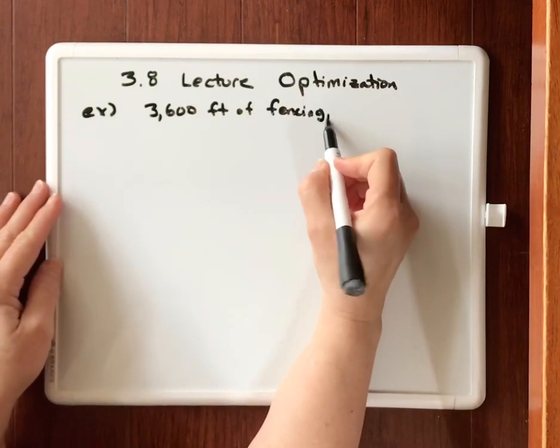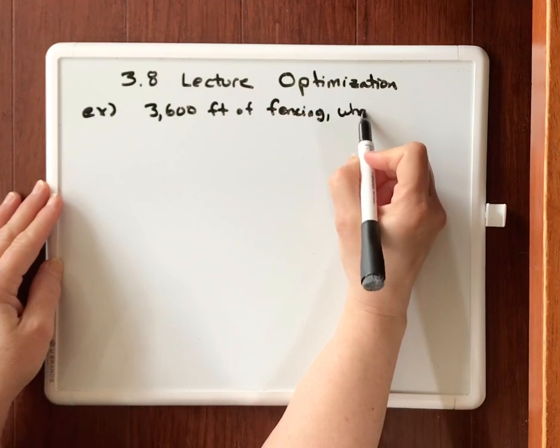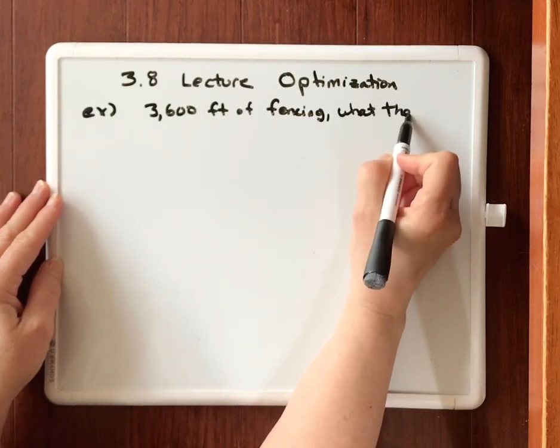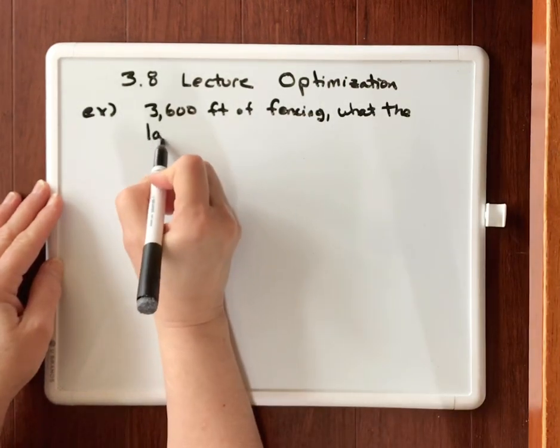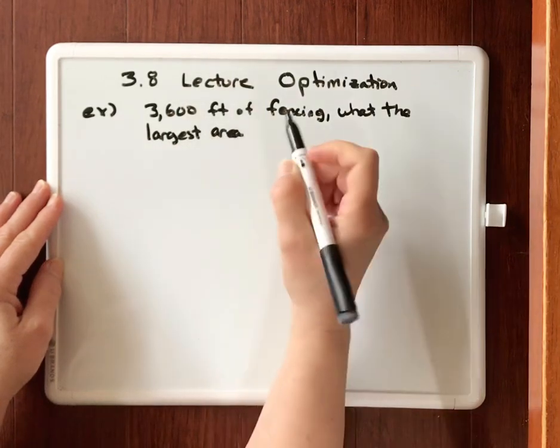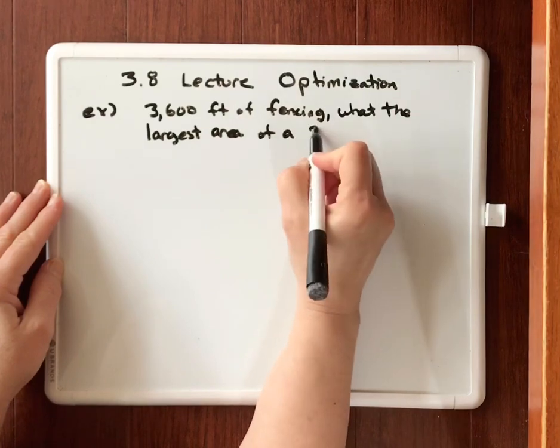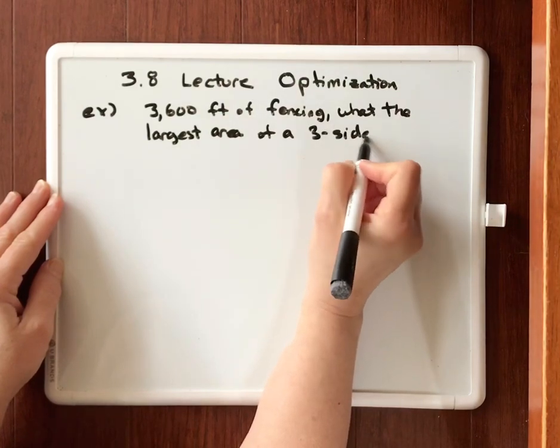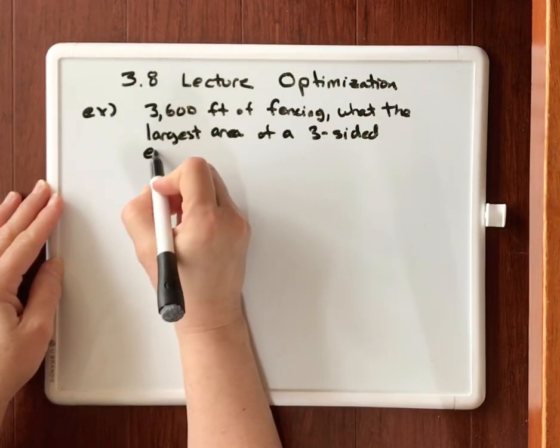Okay, what is the largest area of a three-sided enclosure?